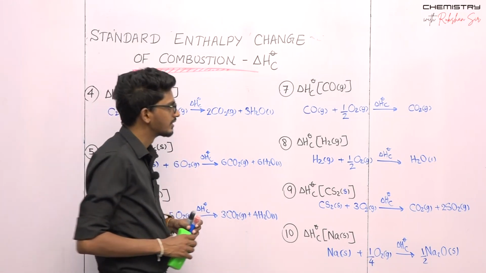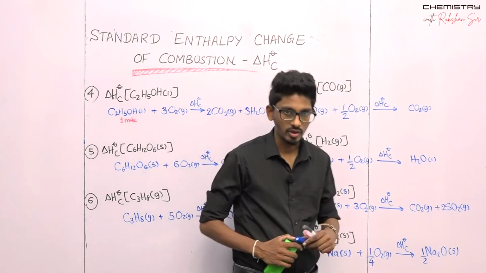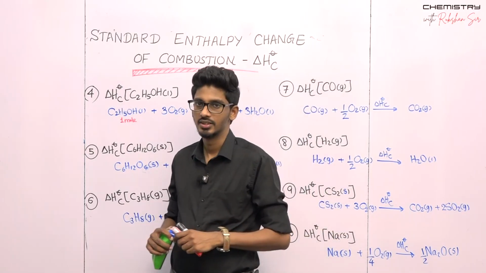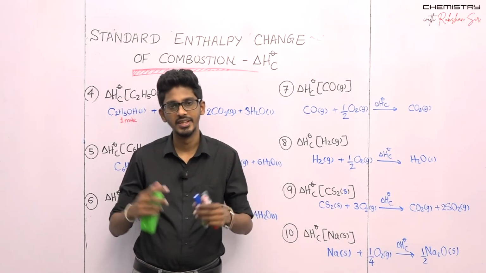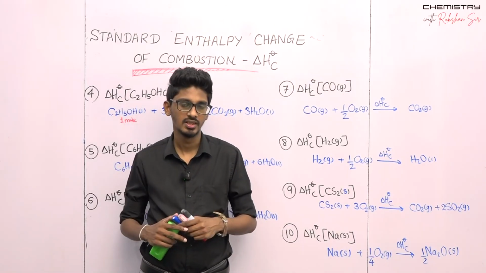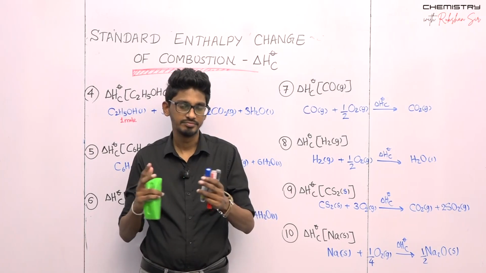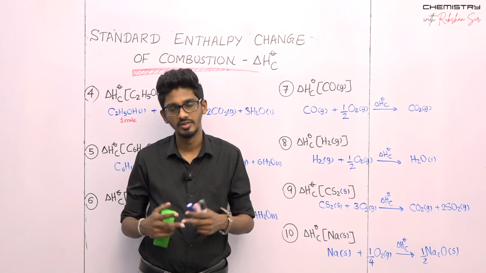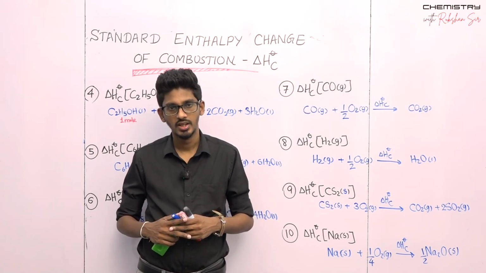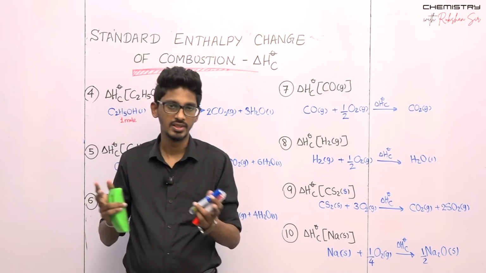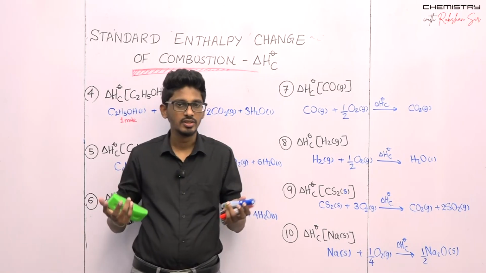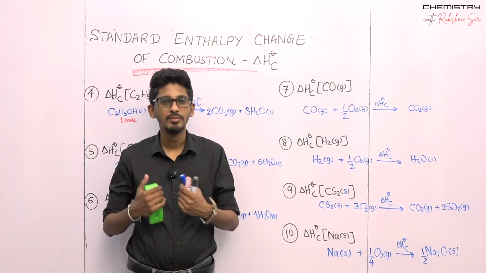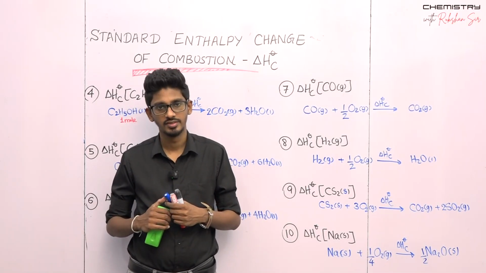Now we are moving towards problem solving with the combustion enthalpies. When the data appear as combustions, we are going to discuss the problem-solving techniques. Basically, when combustions appear as data, you may need to construct a thermochemical cycle to solve these questions.